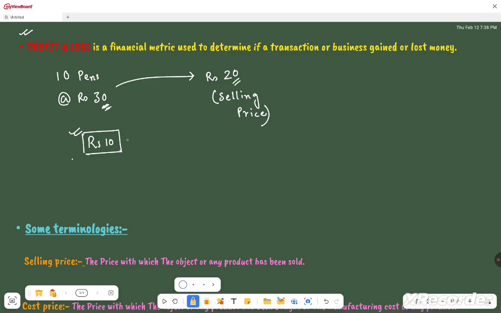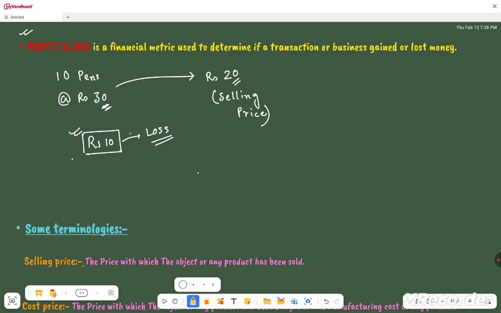So this 10 rupees is the loss for you. For any business or transaction, we look for the profit, not the loss. If loss is happening in any business, that means that business is going to close.